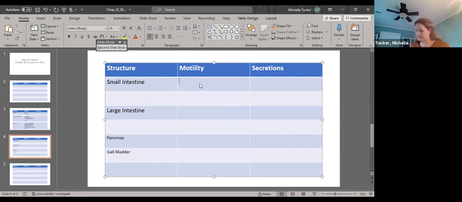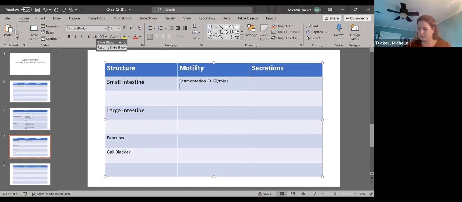For the small intestine, since we're here, we're going to just go ahead and add that its main motility is segmentation, and that is going to be at about 9 to 12 movements per minute.